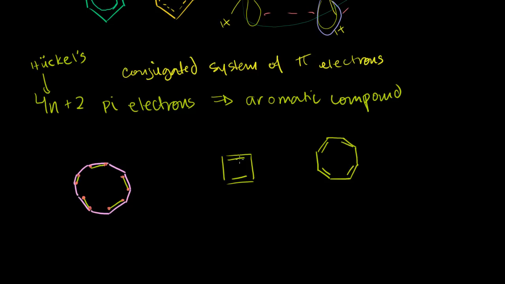You might say, hey, maybe those are also aromatic compounds. Couldn't this guy jump over here and then that guy over there, and the electrons cycle around?